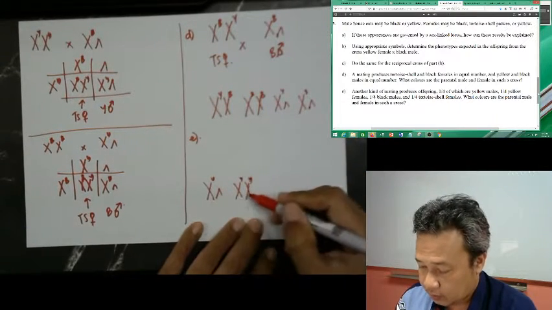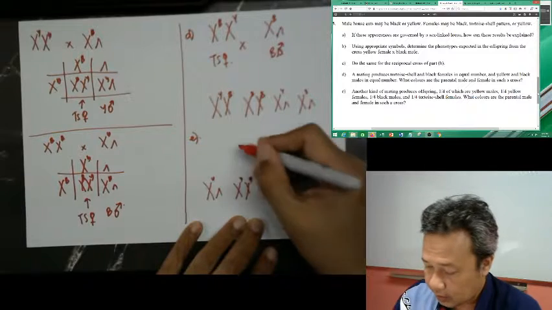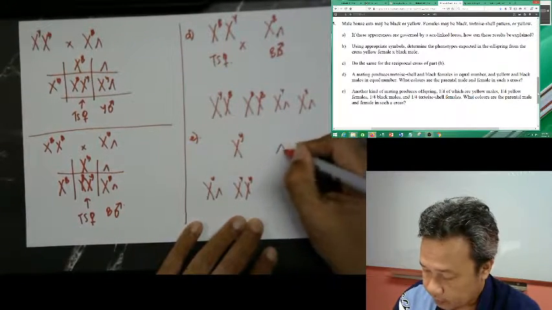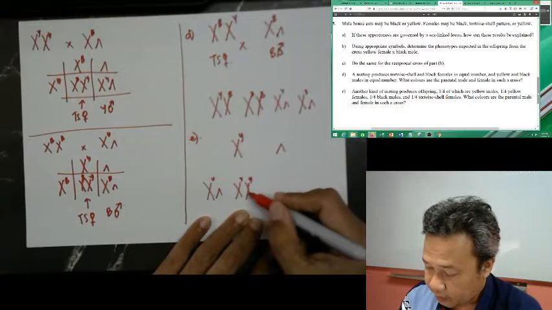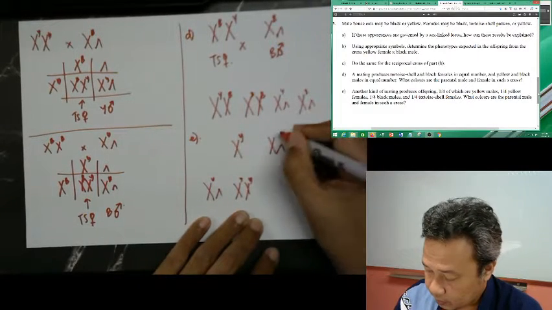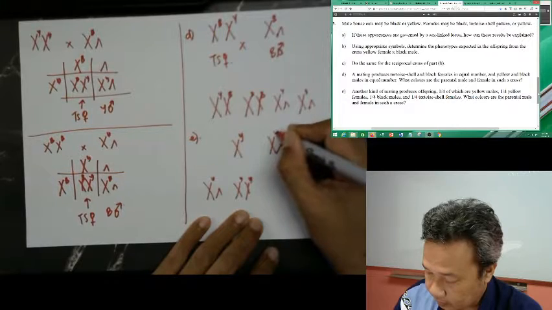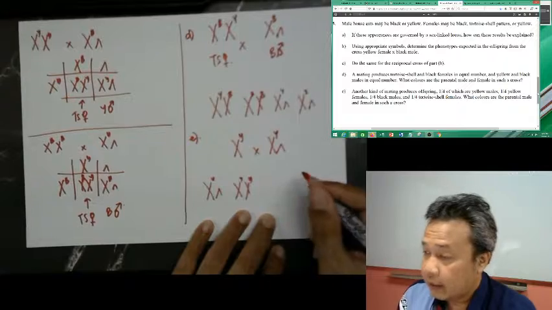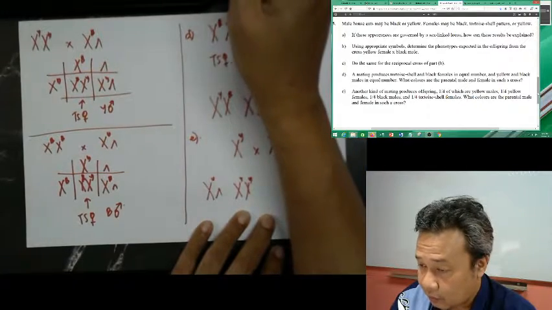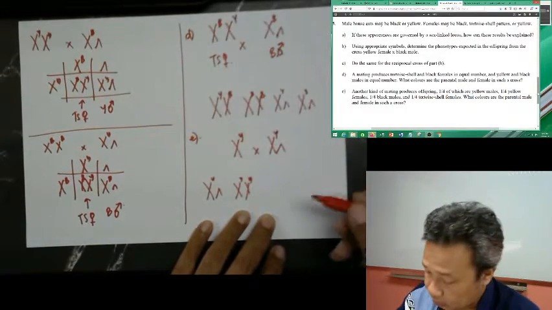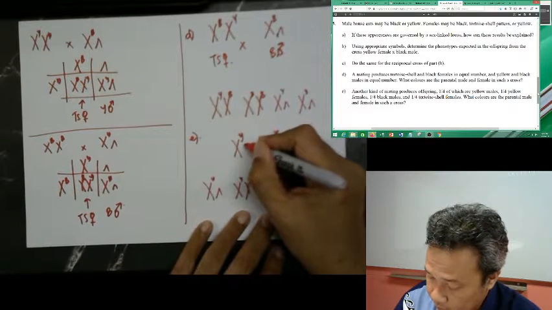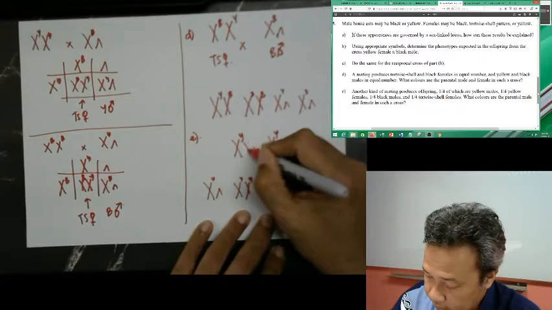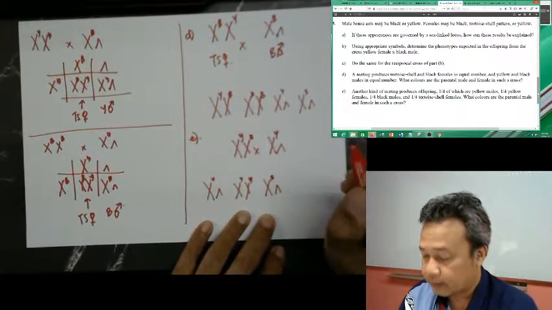So when you have this, it shows that one of the X's must come from the mother. And the fact that you have this, the father must also have a Y. And because you have a quarter black male, you must have that.